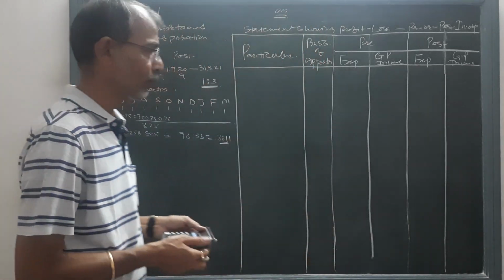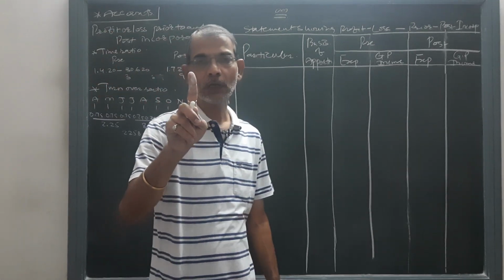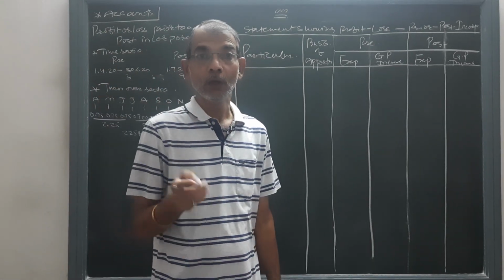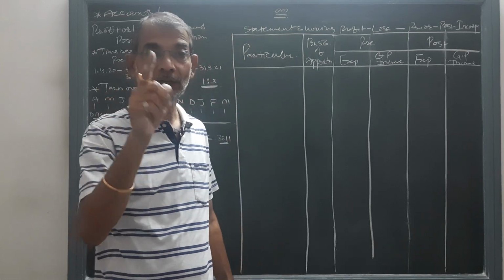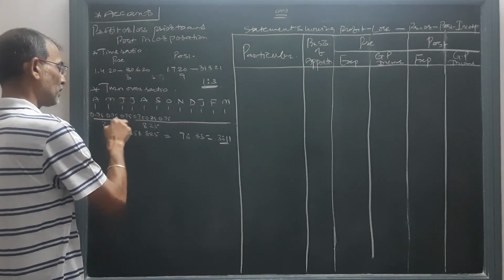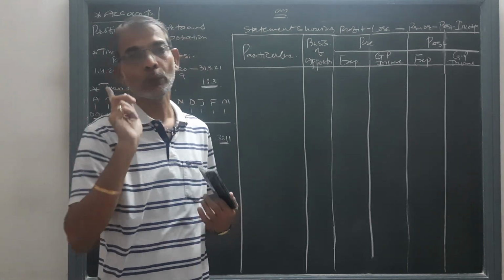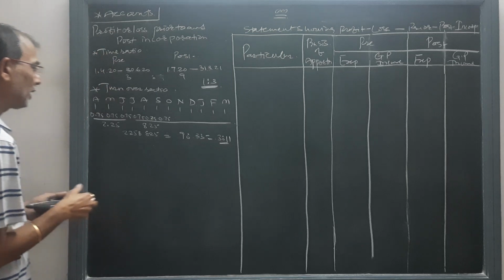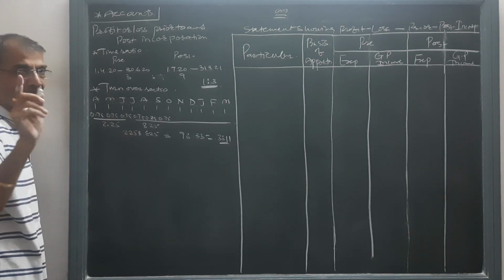How is it to be done? For each month, suppose the sale is 1 average sale. It has been said that for the first 6 months it was 75%, so for the first 6 months it will be 0.75, and then it was 1 for the remaining 6 months. Now pre-period is 3 months and post-period is 9 months.